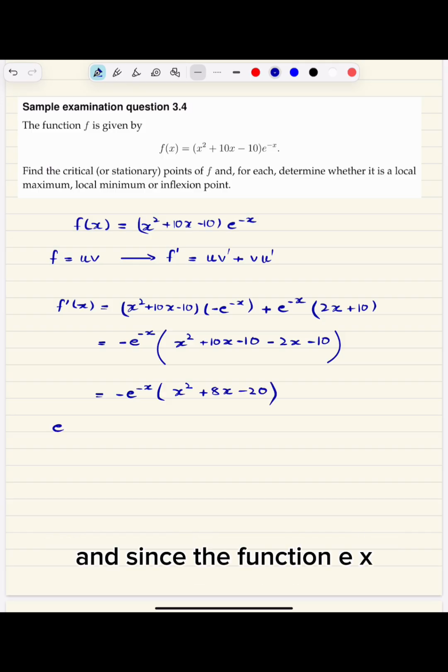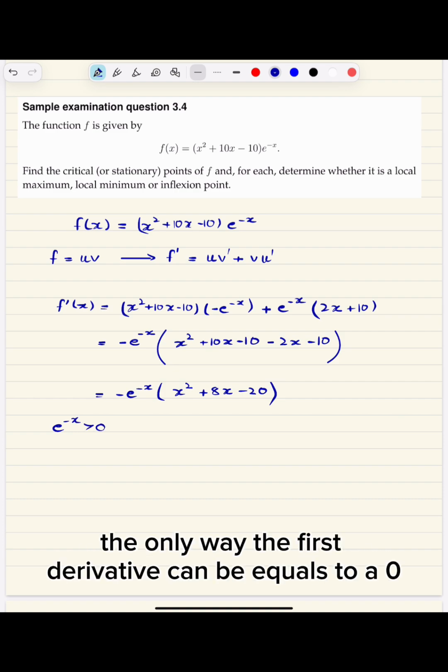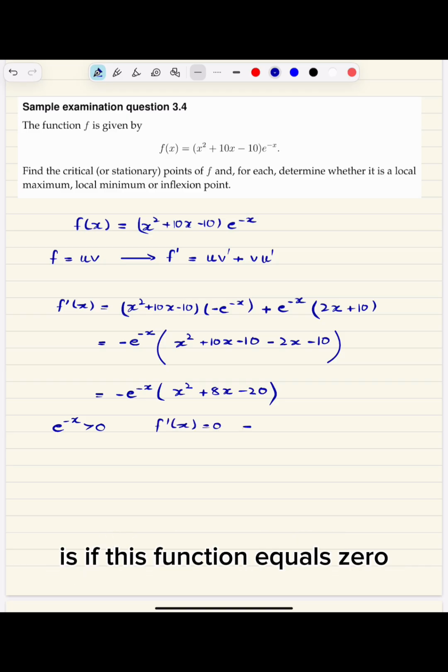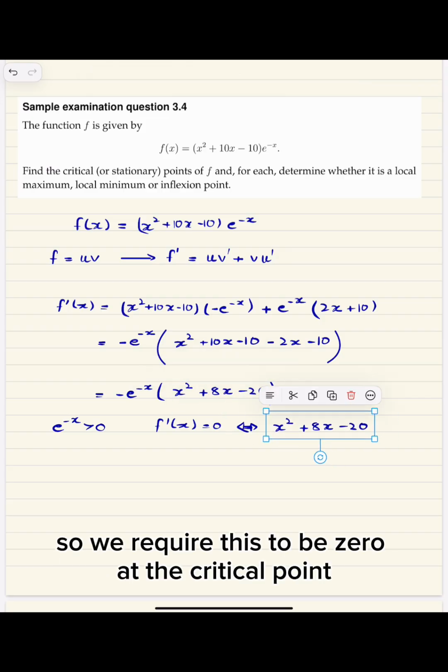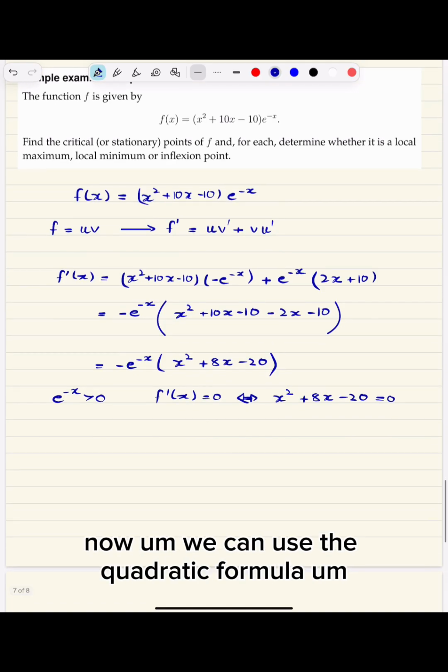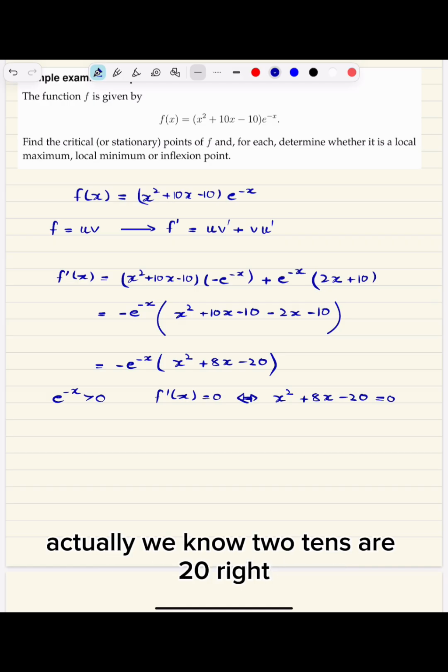And since the function e to the minus x is always positive, the only way the first derivative can be equal to 0 is if this function equals 0. So we require this to be 0 at the critical point. Now we can use the quadratic formula. Actually, we know 2 tens are 20, right?